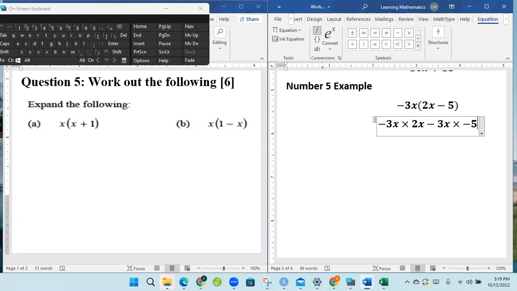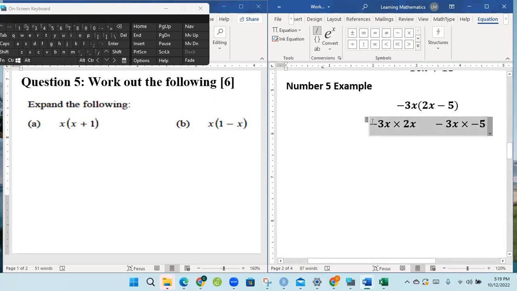If you want to do some separation, because they're clustered together and you're not too sure what is happening, you click right there, because that negative sign belongs to the 3, and then you can separate them. That's what you have there. You have a negative 3x times a 2x, and you can even put an invisible and sign between them, and a negative 3x times a negative 5.